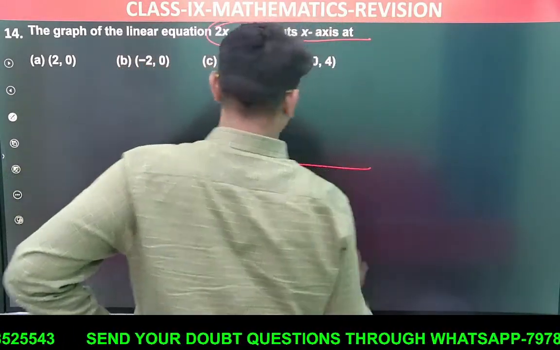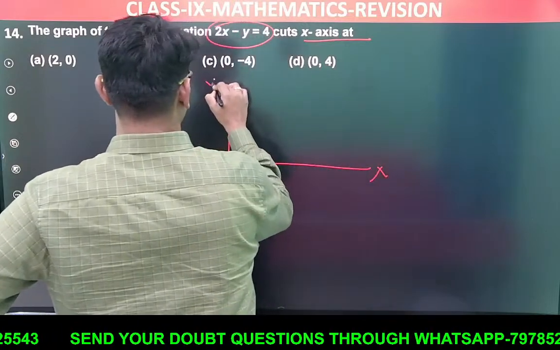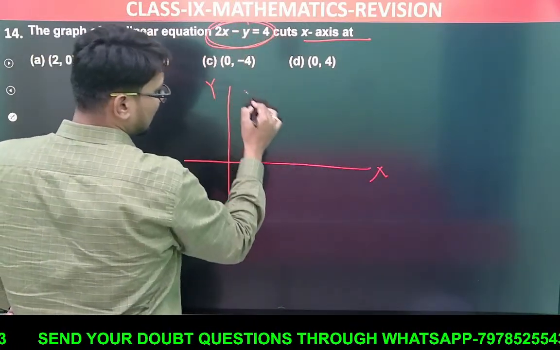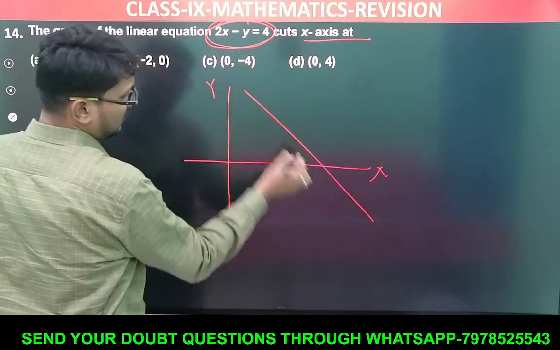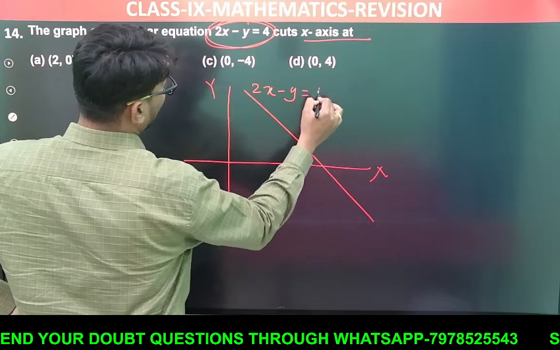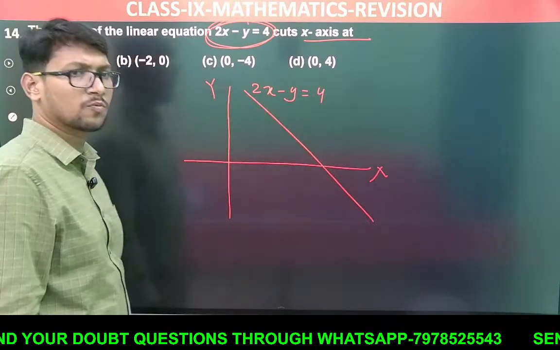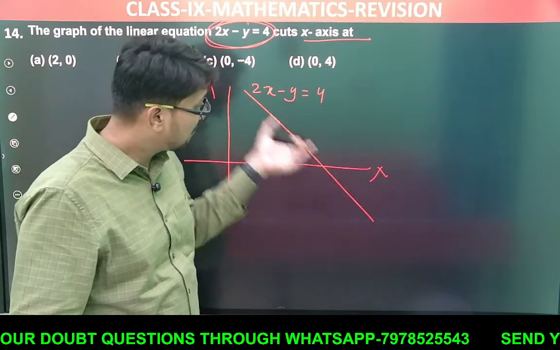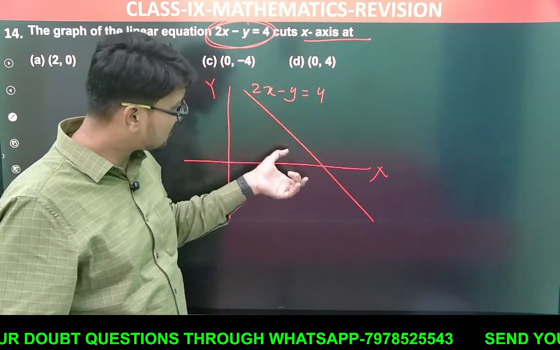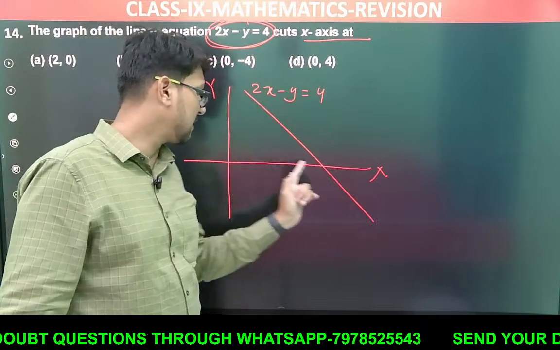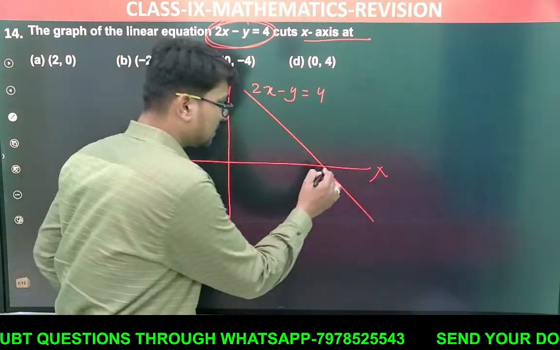For example, this is the x-axis, this is the y-axis. Let us say the graph of this equation is like this. This straight line is the graph of the equation 2x minus y equals 4, which I have assumed. It passes through the x-axis at this point.